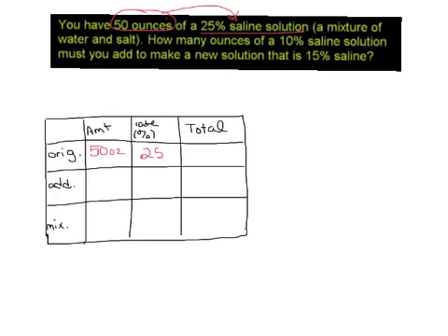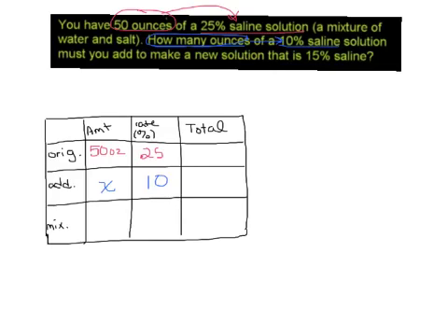The next thing it says is how many ounces of a 10% solution must you add? So that's what I'm going to add: an unknown amount of a 10% solution.